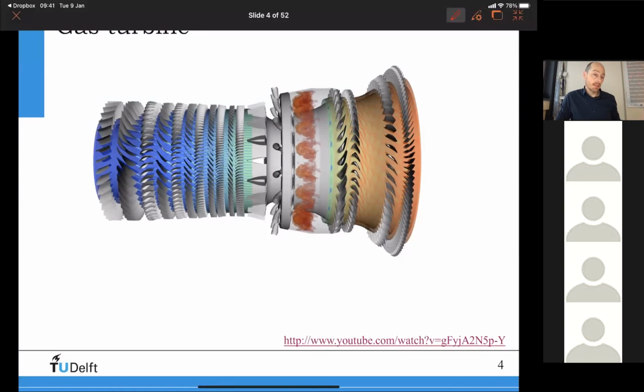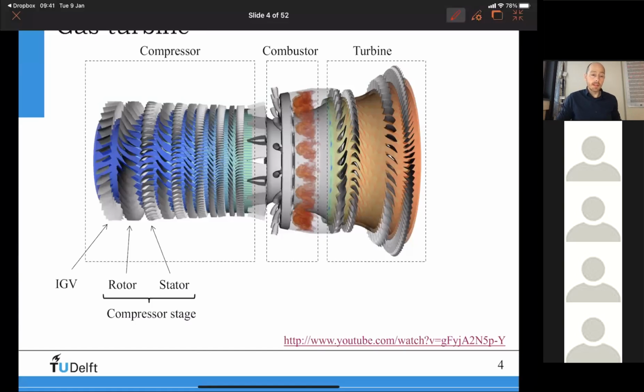But in general, we still thought of the compressor as a single piece, and the same for the turbine. As you can see on this picture, it's not just a single piece. For a compressor, the air enters on this side, on this annular geometry. It's a ring, and in this ring the air enters at a certain velocity or mass flow.